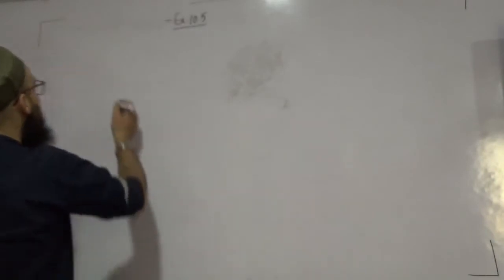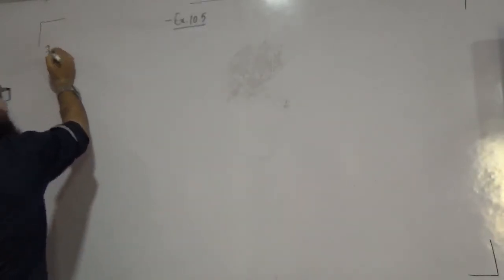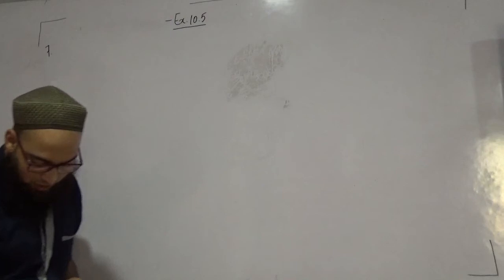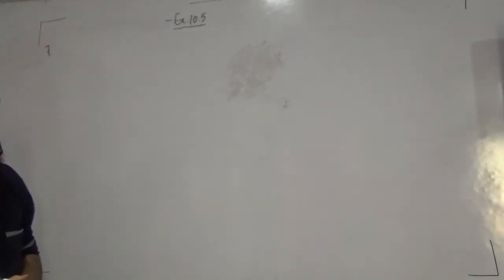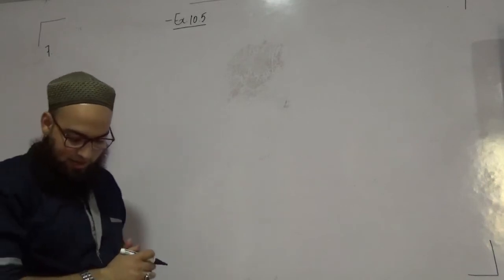Now let's have question number 7. If the diagonals of a cyclic quadrilateral are diameters of the circle through the vertices of the quadrilateral, prove that it's a rectangle.